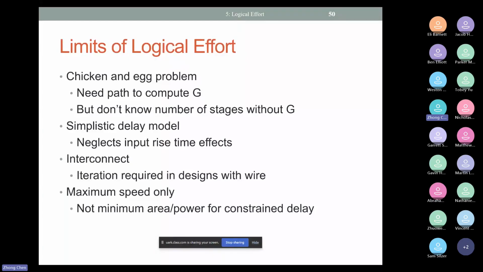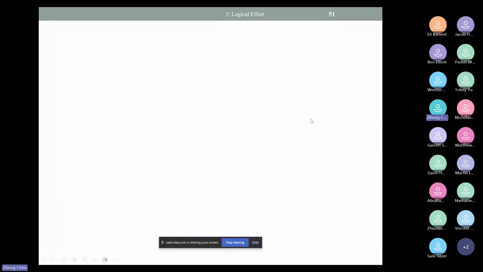You increase the leakage, you increase the power consumption. So the design target for logical effort is only to optimize the delay time. It does not consider other design parameters, such as layout area and power consumption, etc. All right, that is pretty much the stuff.